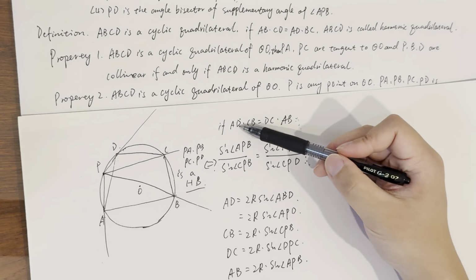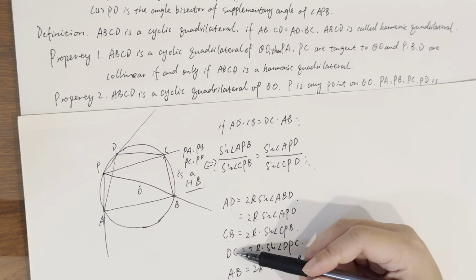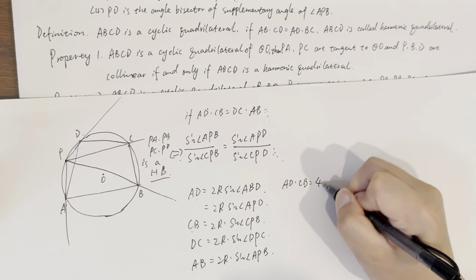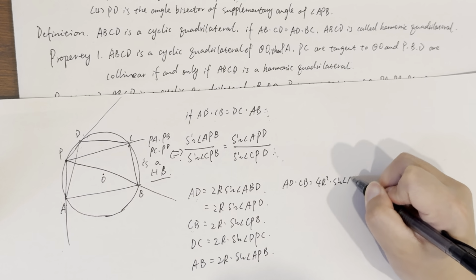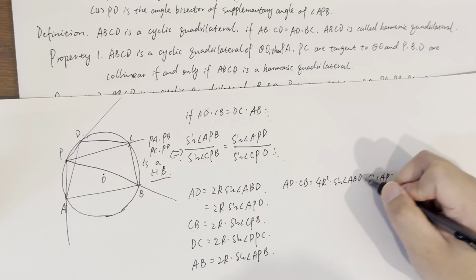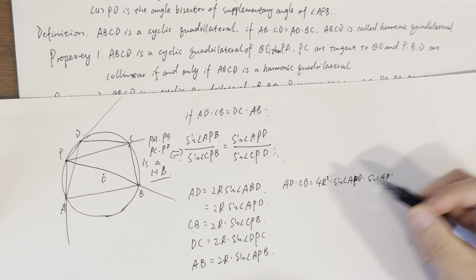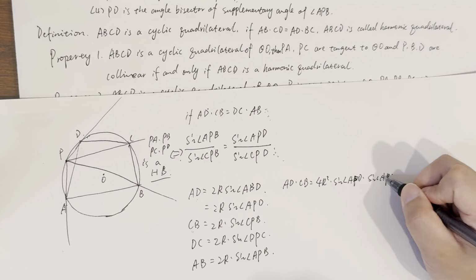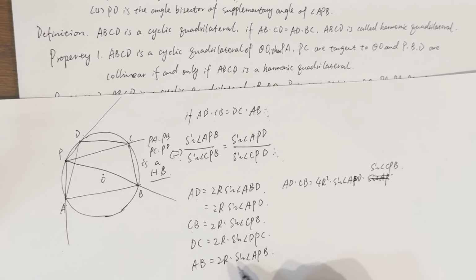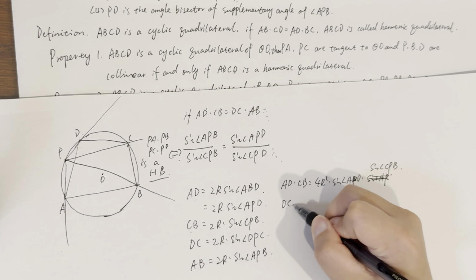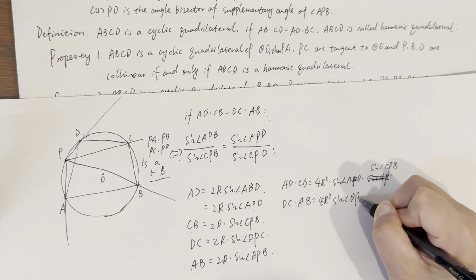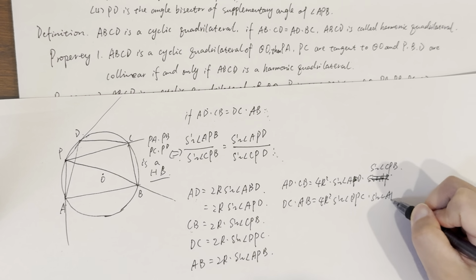So AD times CB is 4R squared sine angle APD times sine angle CPB. And DC times AB is 4R squared sine angle DPC times sine angle APB.